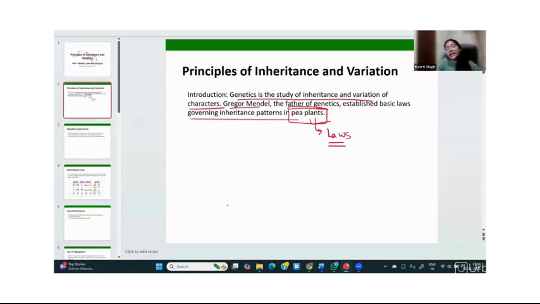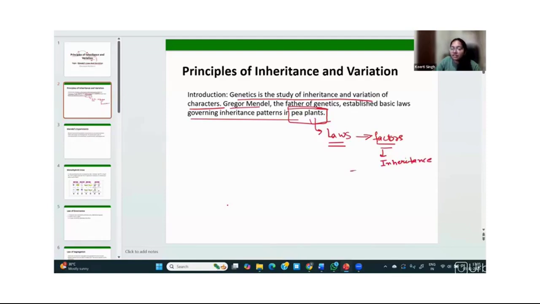He was not aware at that time what the factors were that he called, right, that are governing the process of inheritance. But many scientists followed his path.